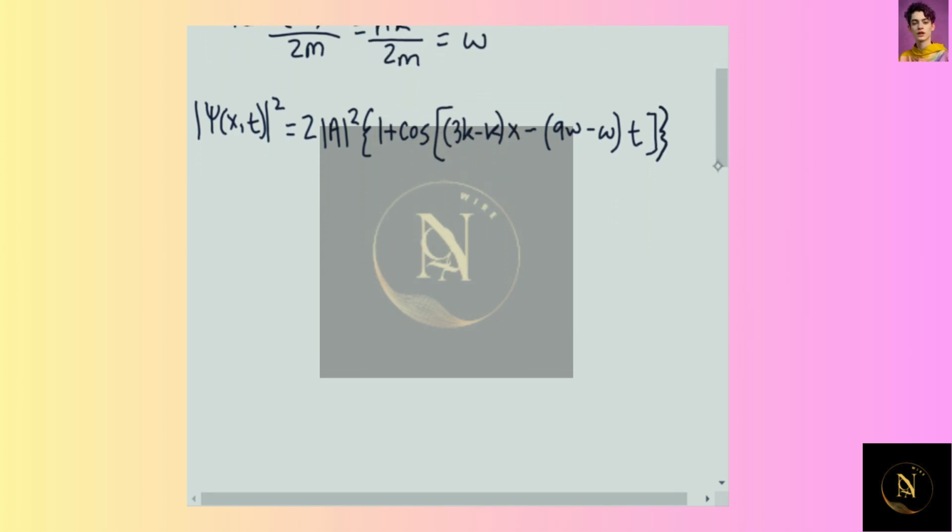And so now what we want to do is plug in our t, which is given as 2 pi over omega.